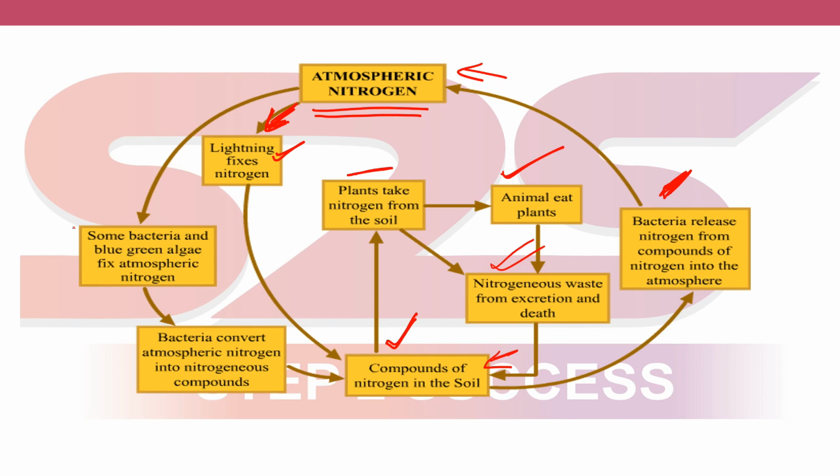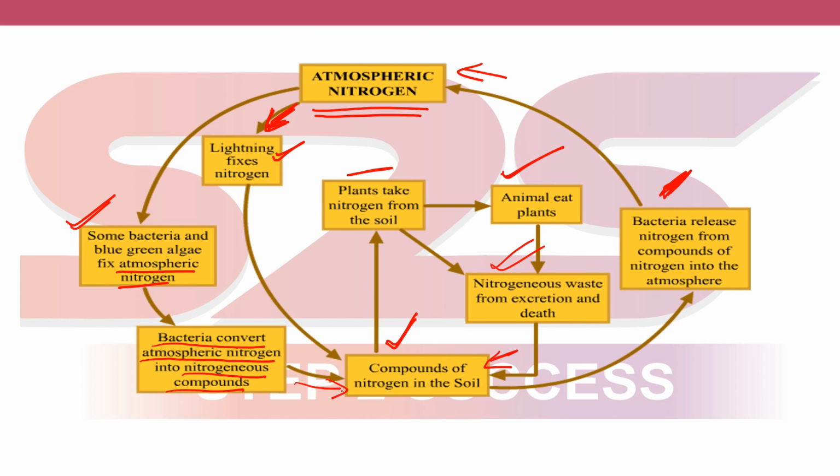Some bacteria and blue-green algae fix atmospheric nitrogen. The bacteria convert atmospheric nitrogen into nitrogenous compounds which can be used by the plants and animals. And similarly, again it goes to the compounds of nitrogen in the soil, and as in the previous case the steps followed, the same cycle continues.